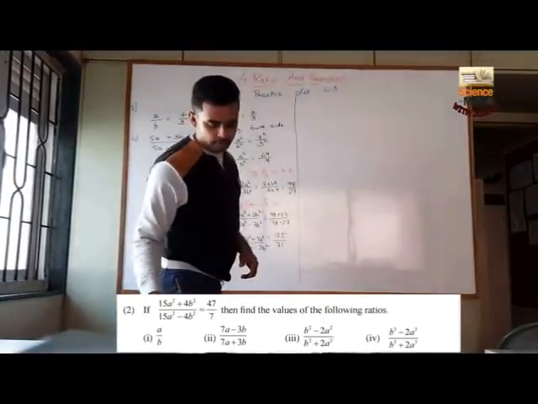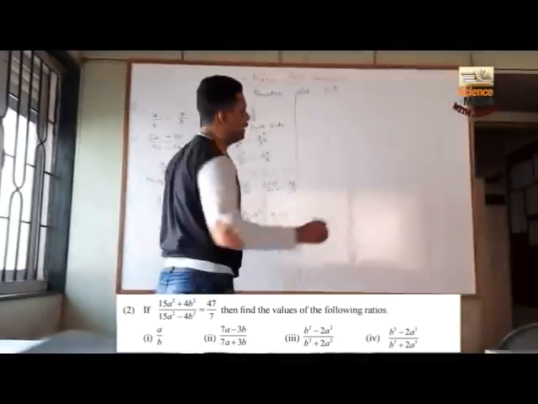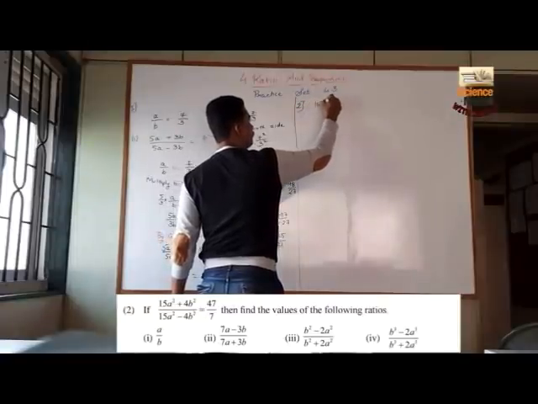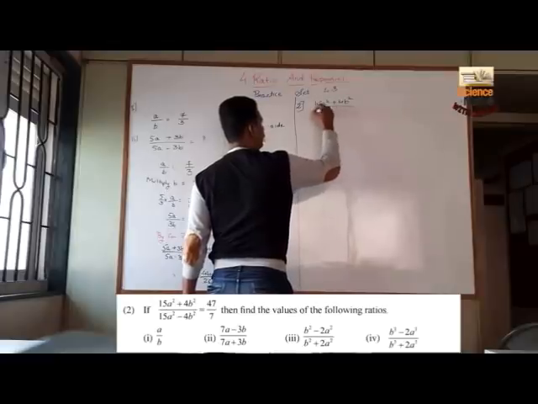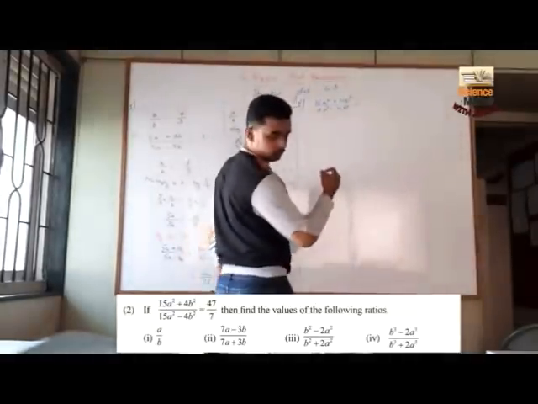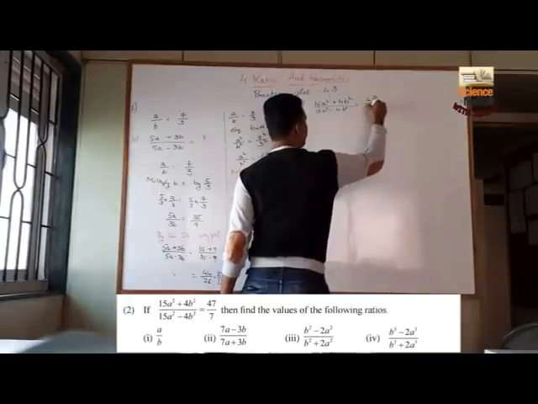The second one tells us (15a square plus 4b square) upon (15a square minus 4b square). So the second main question is (15a square plus 4b square) divided by (15a square minus 4b square) is equal to 47 divided by 7.